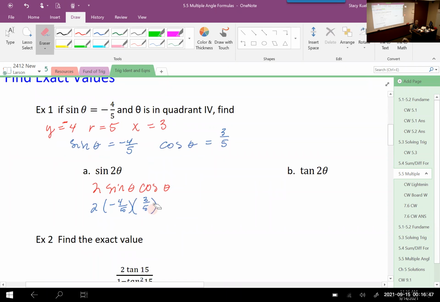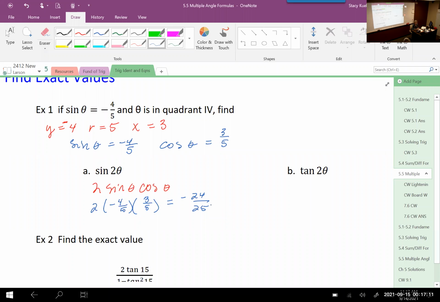And when we multiply across, we're going to have 2 times 12, which would be 24/5, -24, I don't know what I said, but -24/25. Not so bad, right? Just applying the identity.